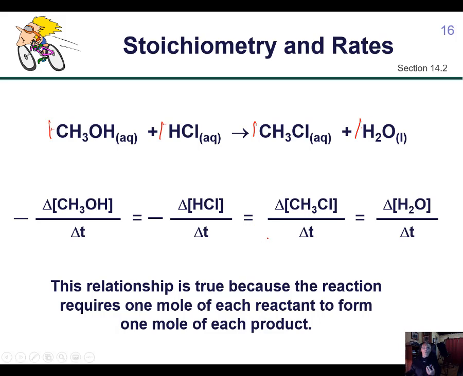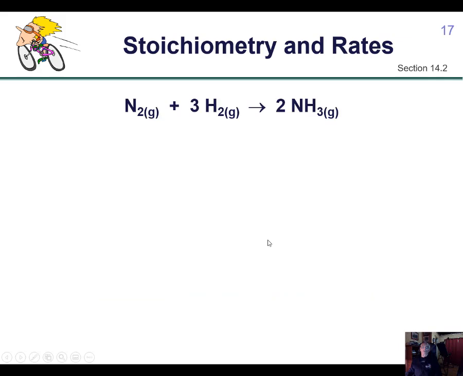Now, what happens when the coefficients are not 1? Well, that's going to change things. So here is the Haber-Bosch process for producing ammonia from atmospheric nitrogen. The stoichiometry says that 1 mole of nitrogen is required to react with 3 moles of diatomic hydrogen to produce 2 moles of ammonia.